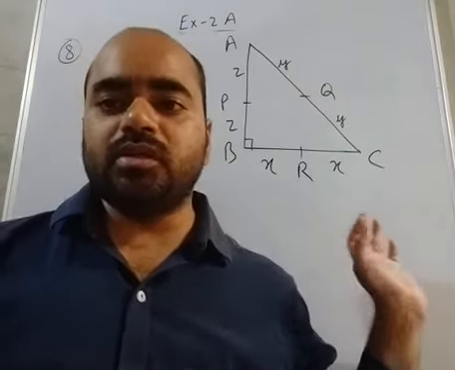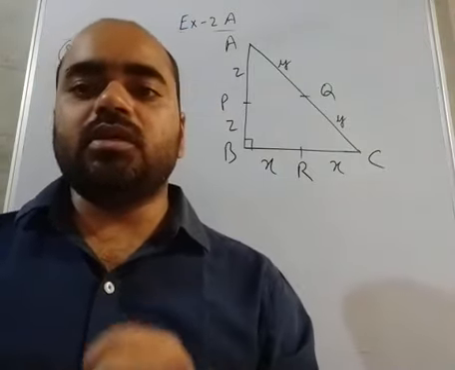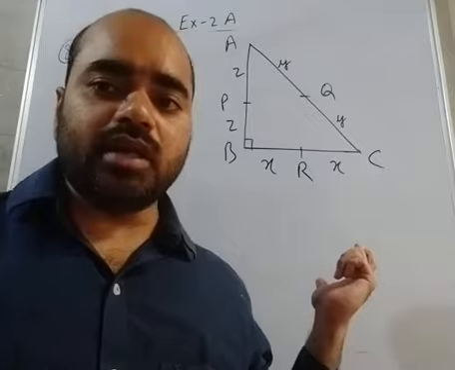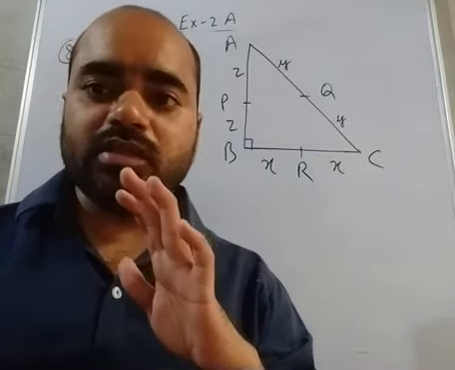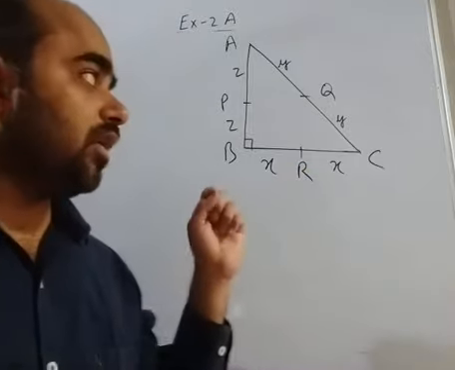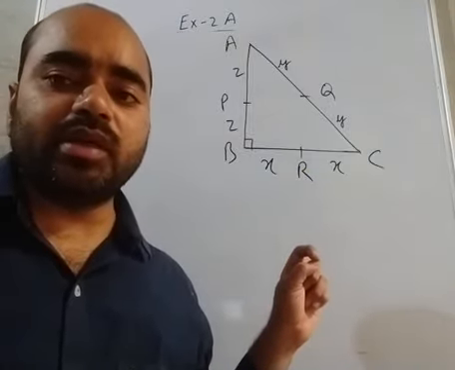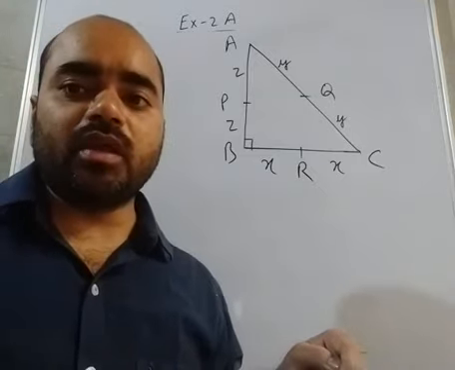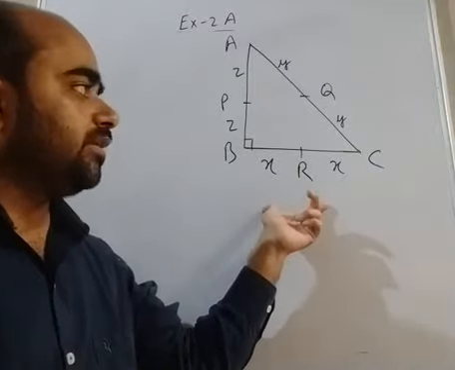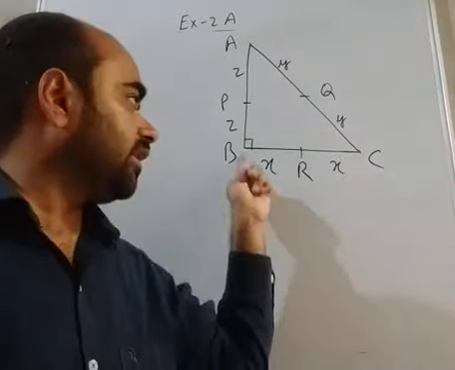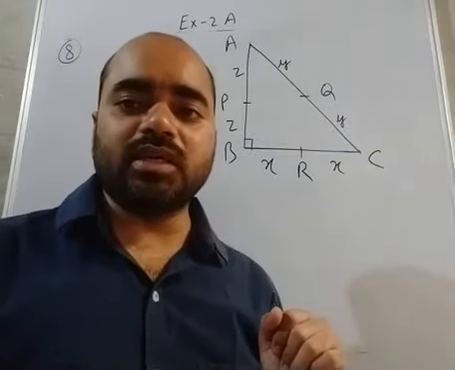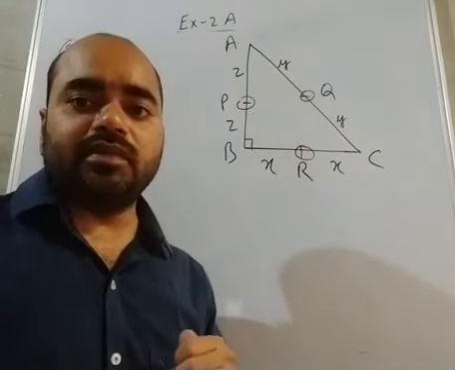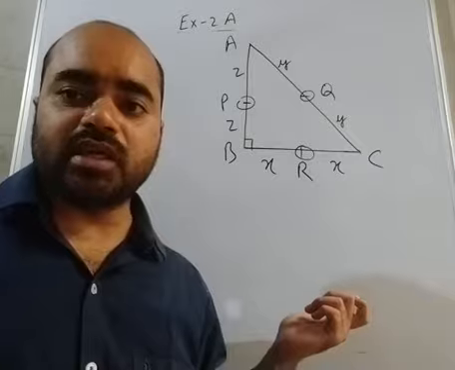Now question number 8. It is similar to question number 6, but in question 6 the triangle mentioned was isosceles and here the triangle mentioned is a right angle triangle. The rest of the question is the same. Prove that the triangle obtained by joining the midpoints of the sides of a right angle triangle is also a right angle triangle. Let triangle ABC be a right angle triangle, with angle B as 90 degrees. The midpoints of all the sides are P, Q and R. If these are midpoints, we can take the two parts of each side as equal.